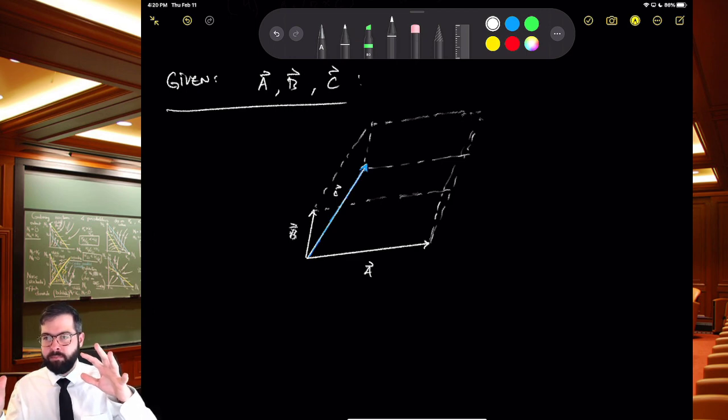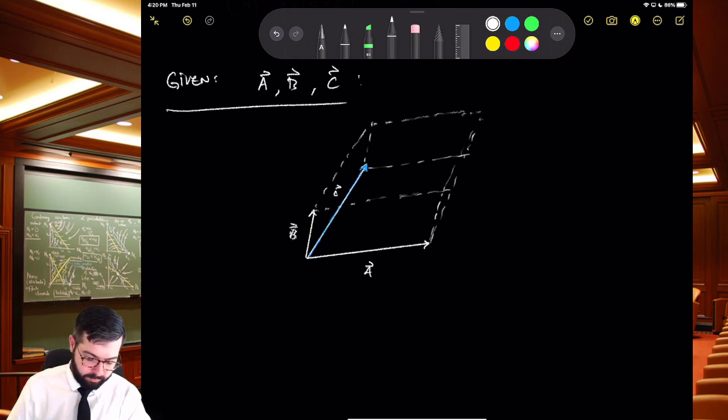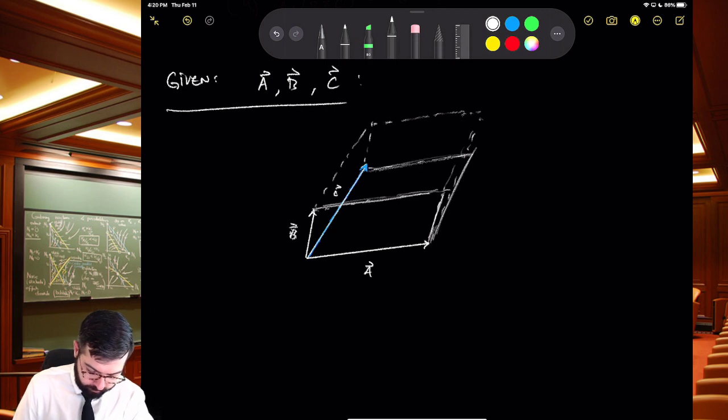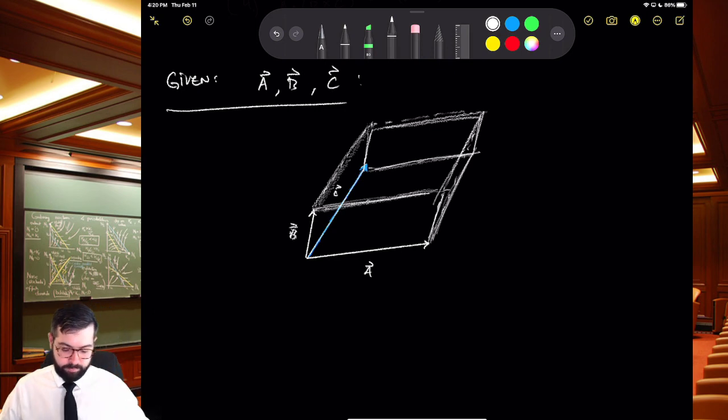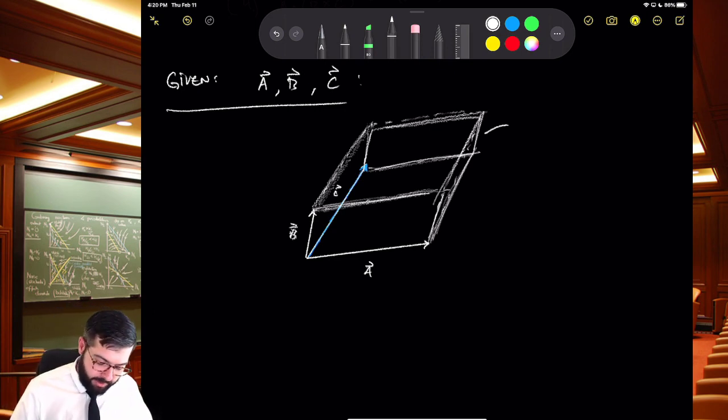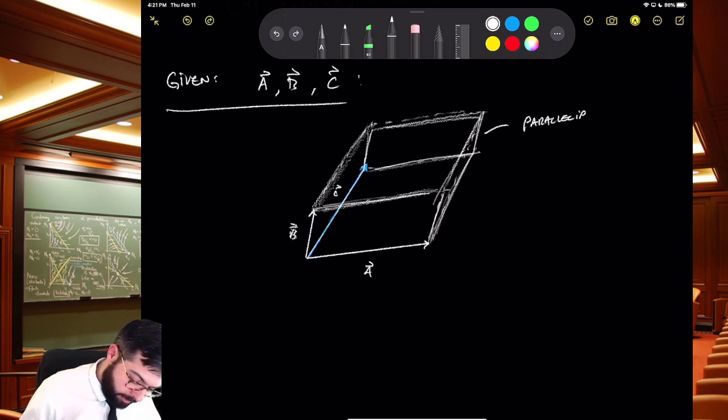You seeing that? Something like this. This shape is called a parallelepiped.